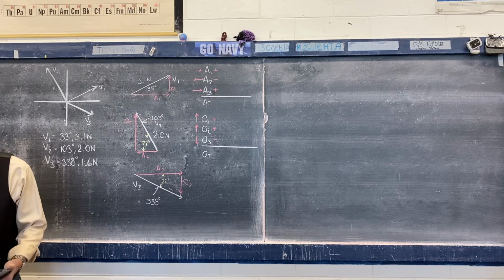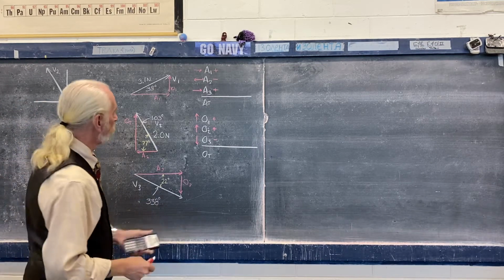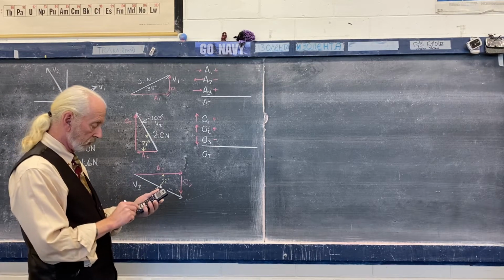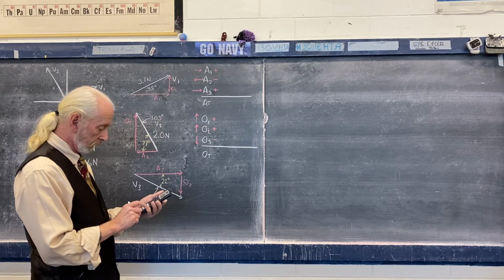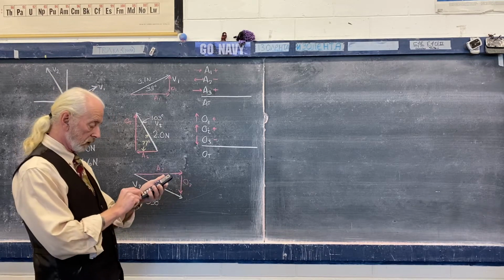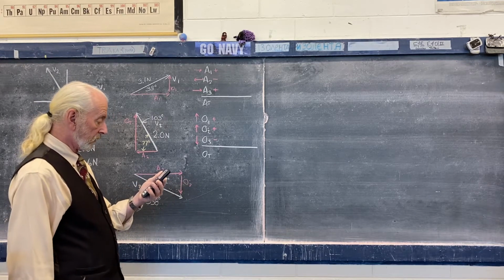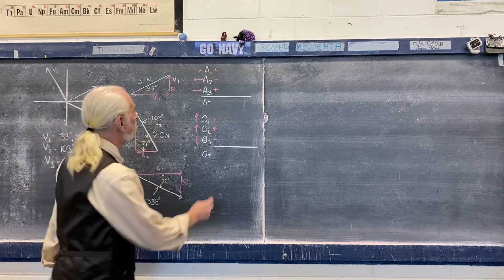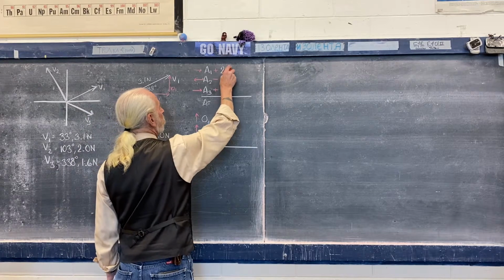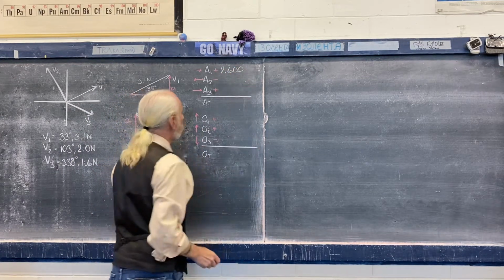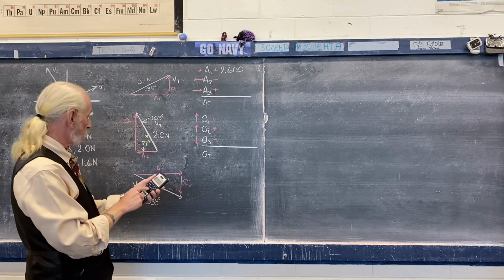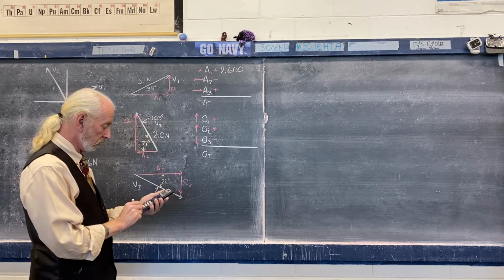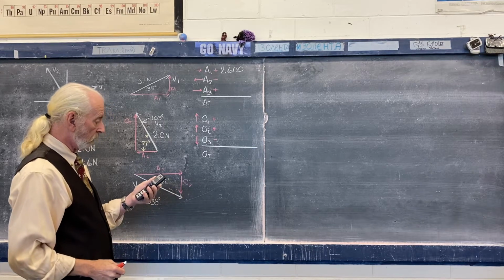So now we'll just bash out some numbers. I'm going to use cosine to figure out the adjacent sides. So cosine 33 times my hypotenuse of 3.1, if I round it, I get 2.600. A2, cosine of 77 times my hypotenuse of 2, I got 0.450.